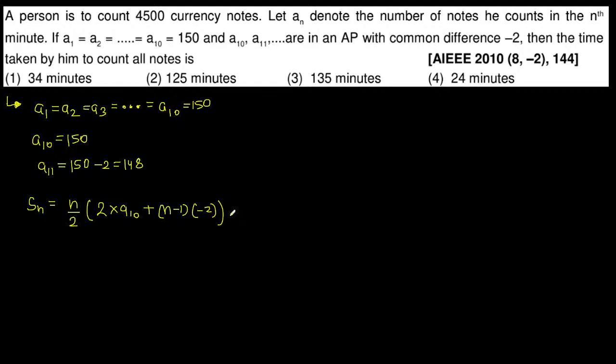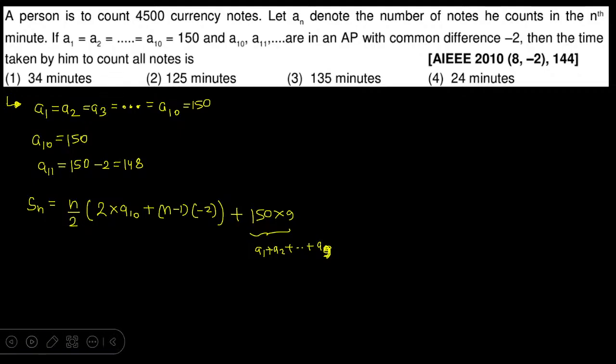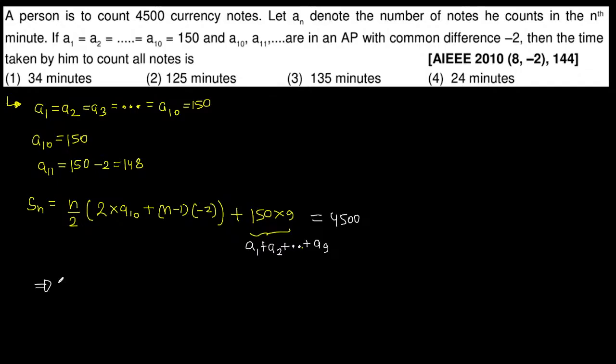Before that, we have 150 into 9, which is A1, A2, up to A9. This is equal to 4500.